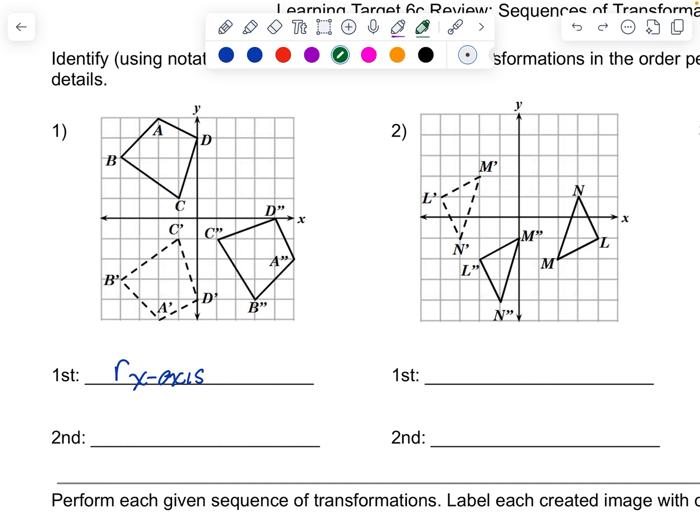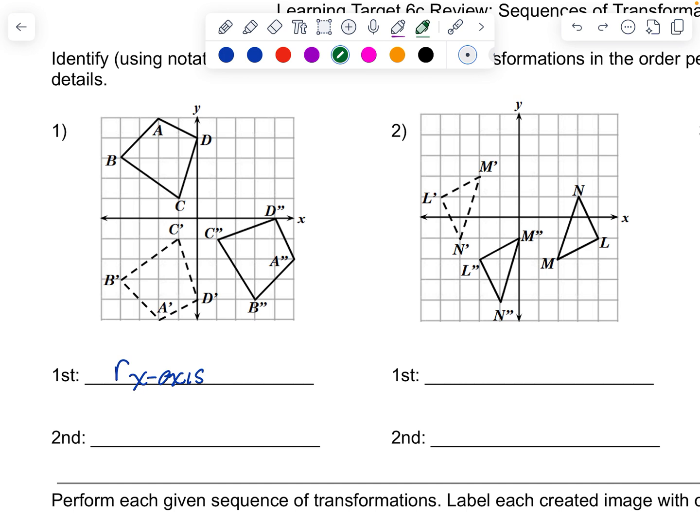Now we need to figure out how it went from C prime to C double prime, or you can look at each of these individually. So again, you need to do a process of elimination. It's not a slide because C prime to C double prime looks like a slide, but B to B double prime does not look like a slide, at least not in the same way that C prime to C double prime is.